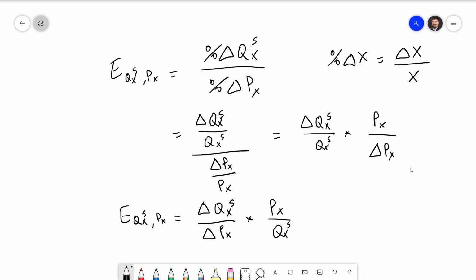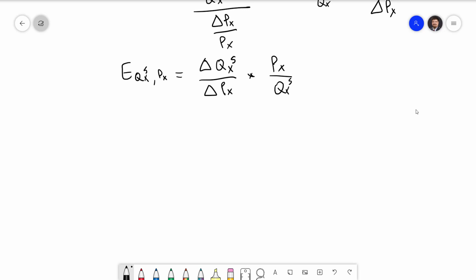This looks very similar to our definition of the own price elasticity of demand, except we've got an S there instead of a D for supply. Just like before, this is the slope of the supply function, and then we have the ratio of price to quantity.